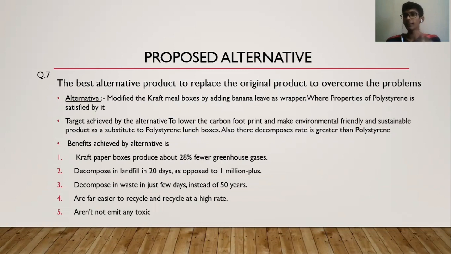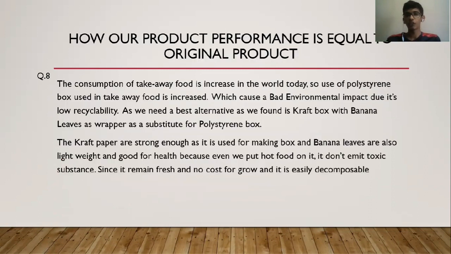So the recycling rate is very high. They don't emit any toxins if they are exposed to the environment. If people put them into the environment, there are no toxins emitted such as those emitted by polystyrene.